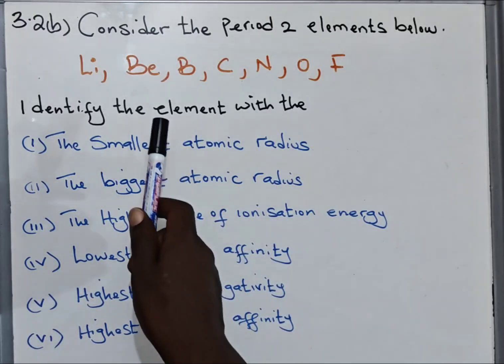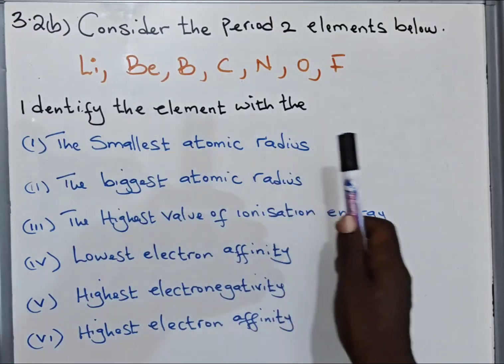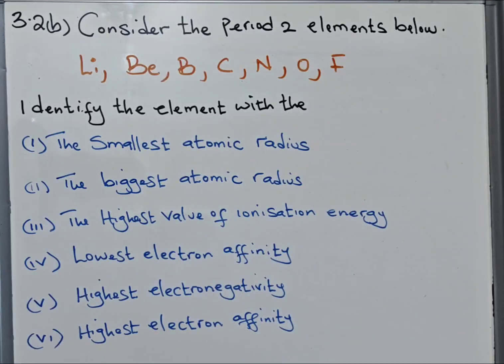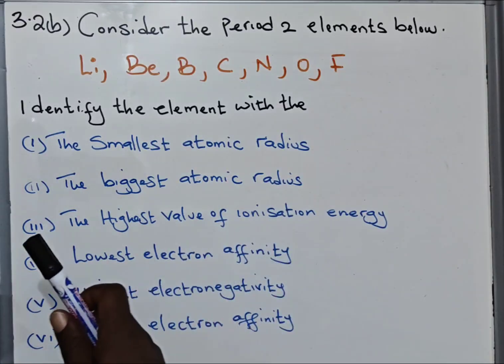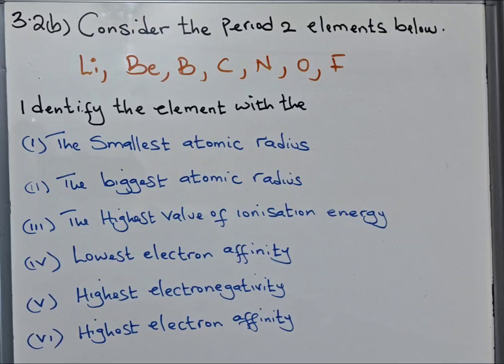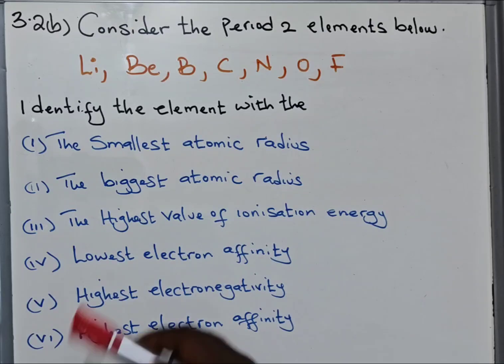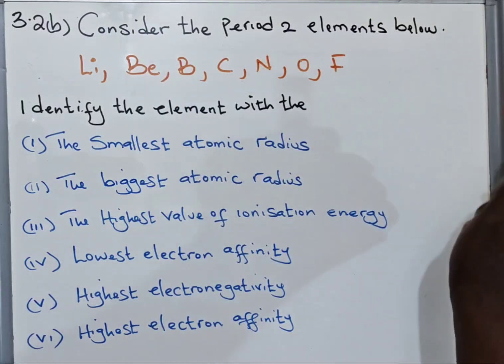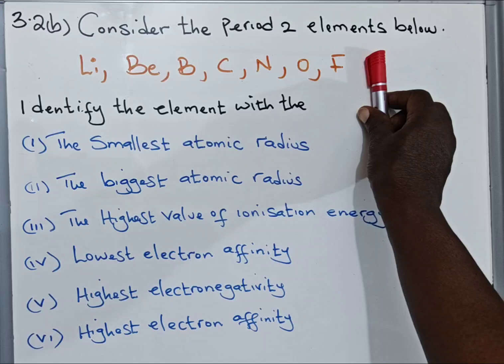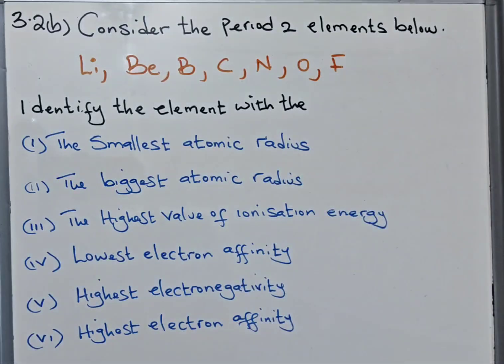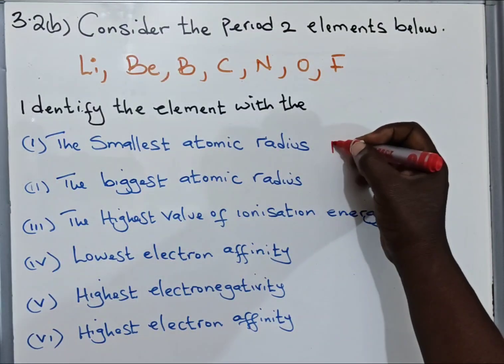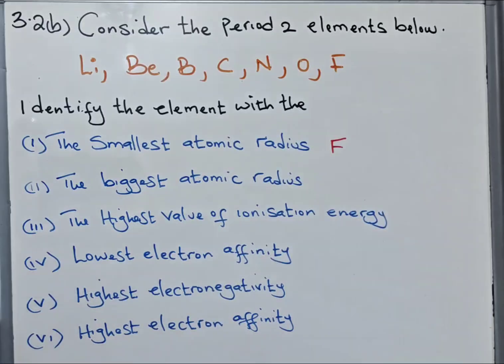You have to know that as you move across the period from left to right, the atomic size decreases. That implies that elements to the right are the smallest. So the atom is going to be fluorine. Fluorine has the smallest atomic radius.